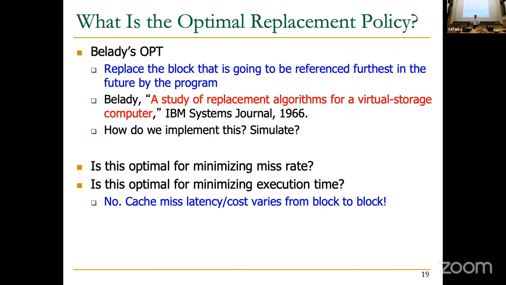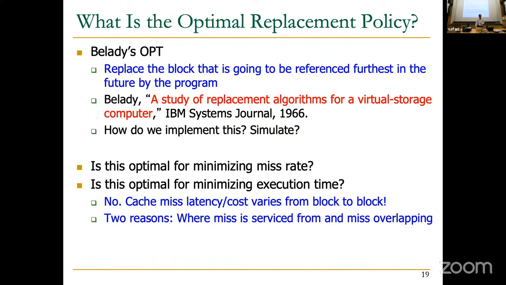If you cannot do that, if you need to wait for, let's say, seconds to fetch the block because it's coming from some remote memory for whatever reason, then it's a much more costly cache miss. And if your replacement policy does not take this into account, it may evict the block that's costly to refetch, and as a result, it may actually destroy your execution time.